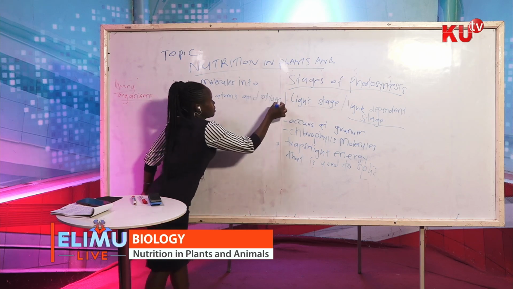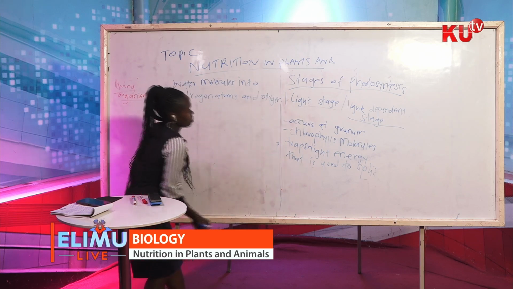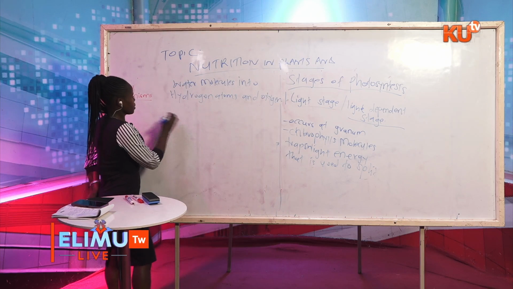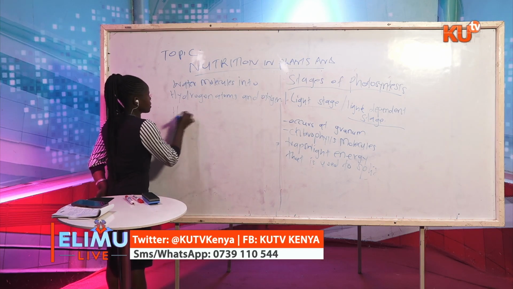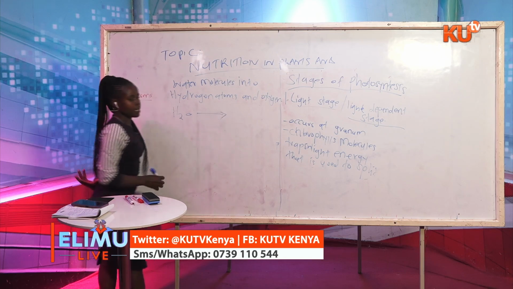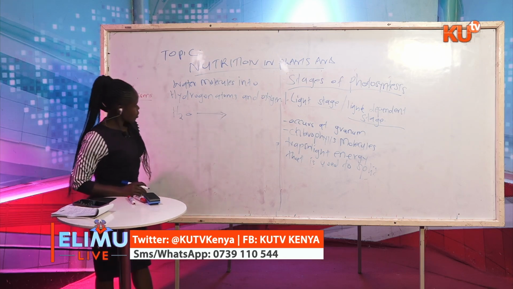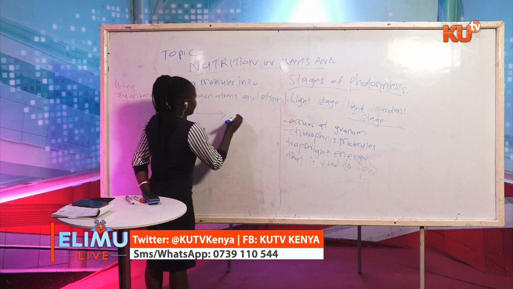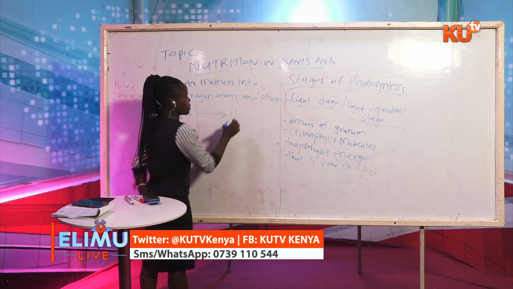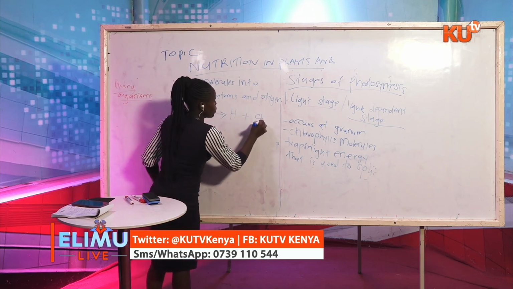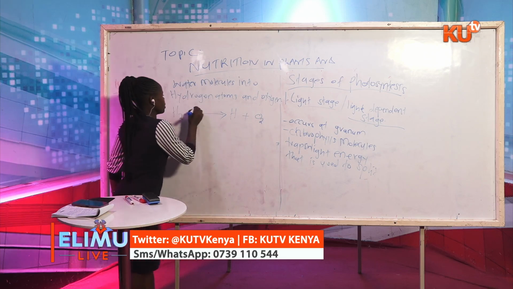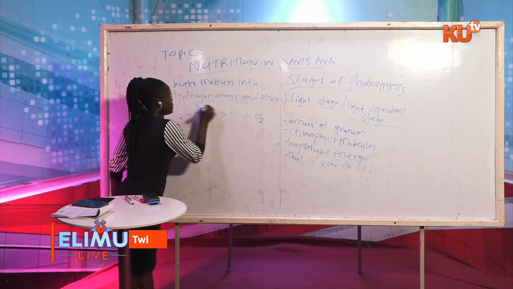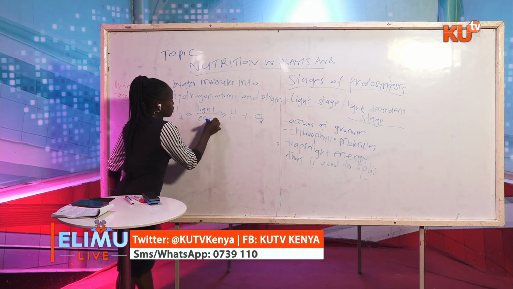If I may highlight the equation of this reaction, as I have said, it is what? The water molecules that are being split into hydrogen atoms and oxygen. And here we have the light energy.